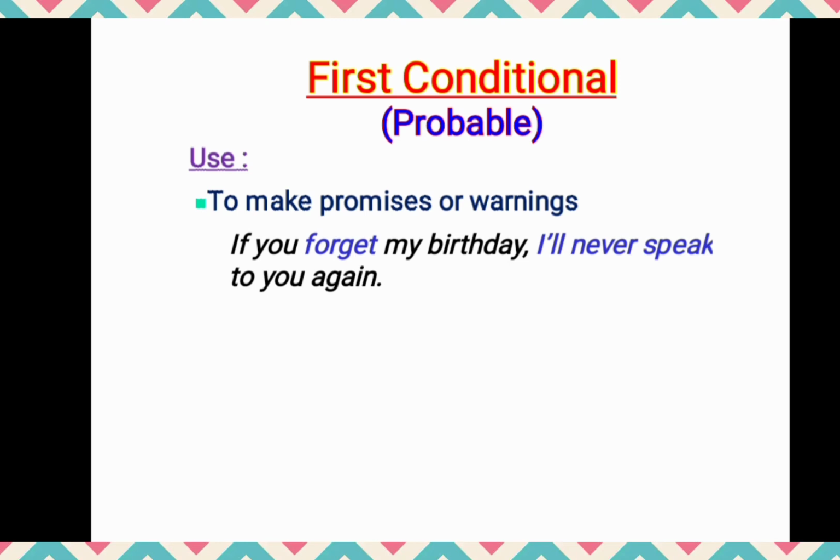That is a warning and a promise as well in this example. If you forget my birthday, I will never speak to you is a very suitable example of a warning in the first conditional, probable, to make promises or warnings.